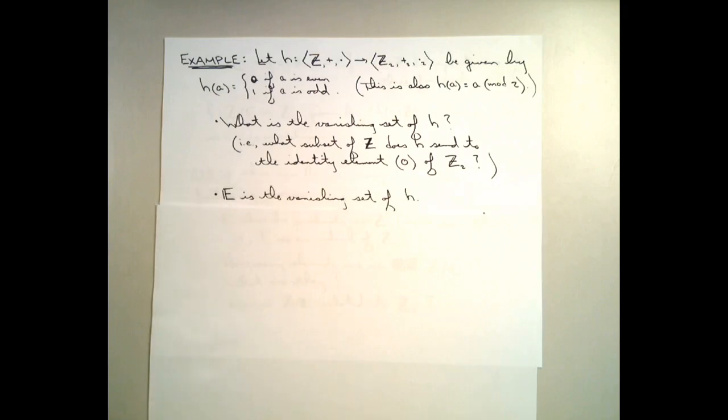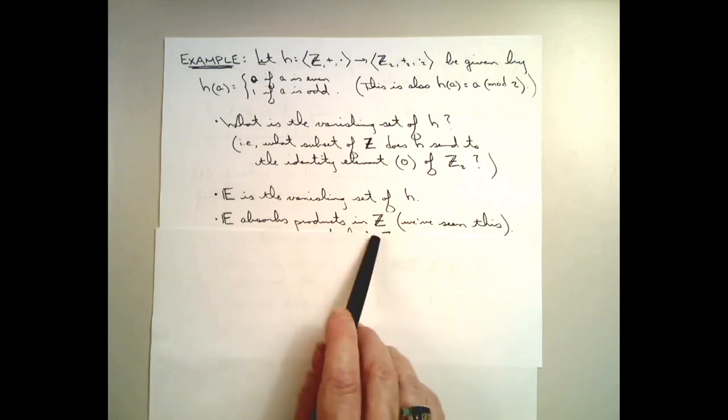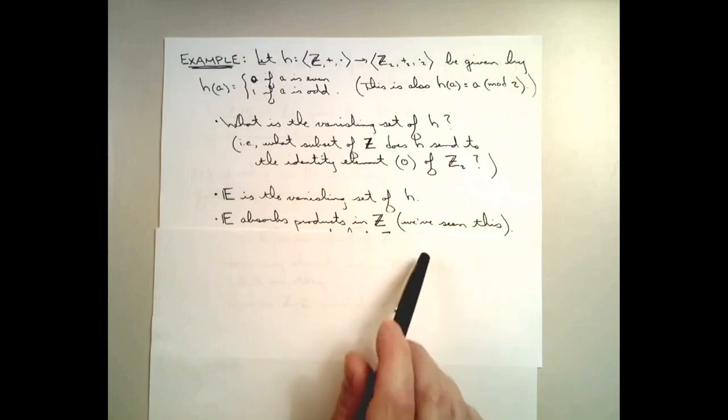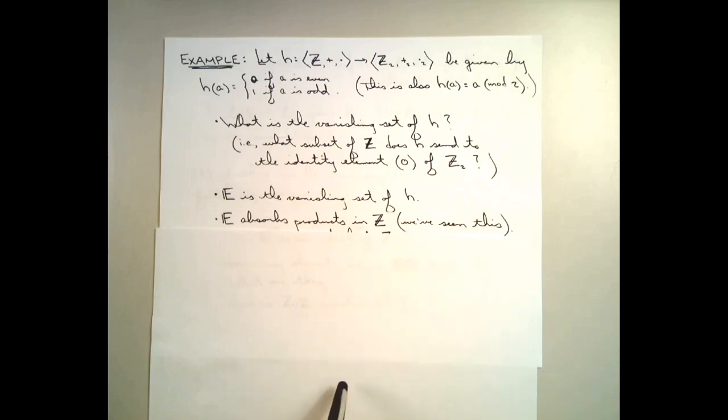So the even numbers is the vanishing set of h. We know that the even numbers absorb products in Z. We saw that in, I believe, our last video. And so we call E an ideal of Z.